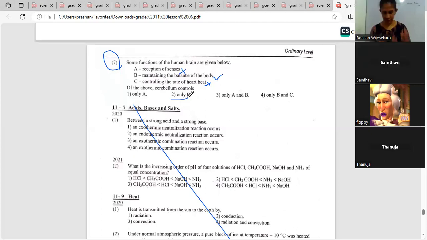One, two, three, four, five, six. We have another question. Correct this answer. And we have another MCQ question from 2022. We have to discuss that as well.